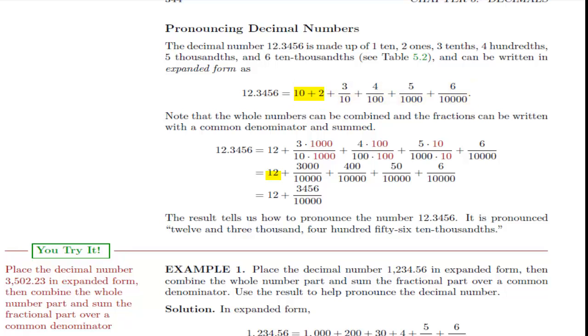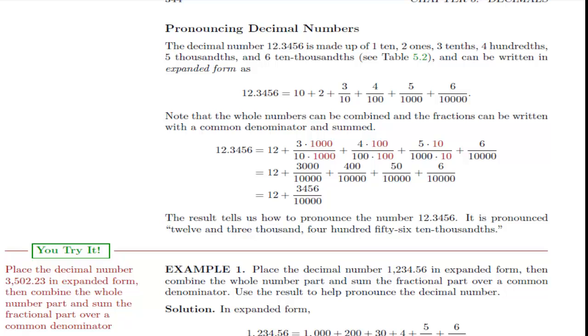So 10 plus 2 is 12. 3 over 10 can be written as 3,000 over 10,000 by multiplying by 1,000. 4 over 100 can be written as 400 over 10,000 by multiplying numerator and denominator by 100. 5 over 1,000 can be written as 50 over 10,000 by multiplying numerator and denominator by 10.